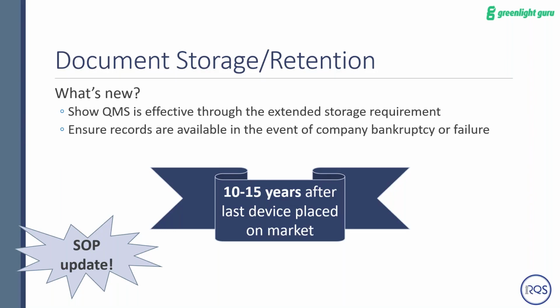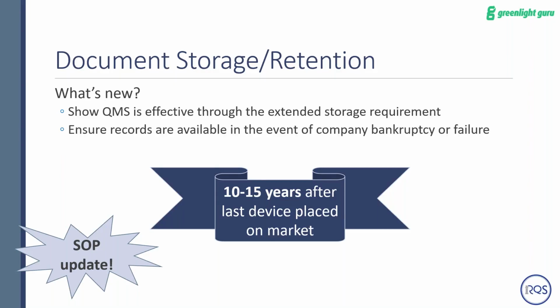There should also be in your procedures or in your plans a plan of compliance with these storage and retention timelines if the company was to fail or go bankrupt.